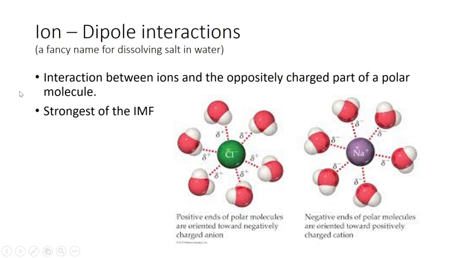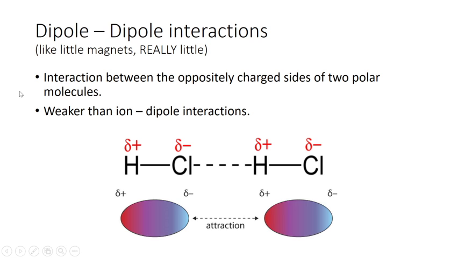So that's ion-dipole interactions. The next is dipole-dipole interactions. If you remember from earlier in the video, dipole is another way to say polar molecule. So really all this is an interaction between the oppositely charged sides of 2 polar molecules.